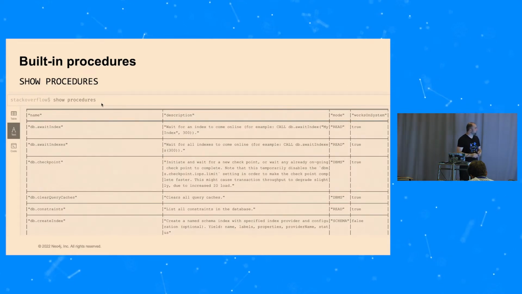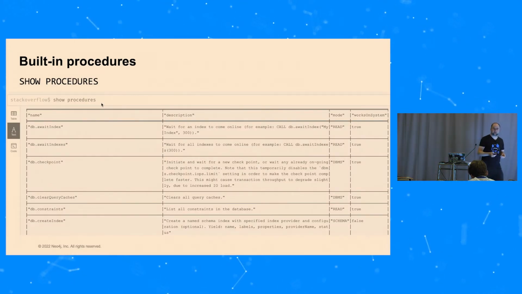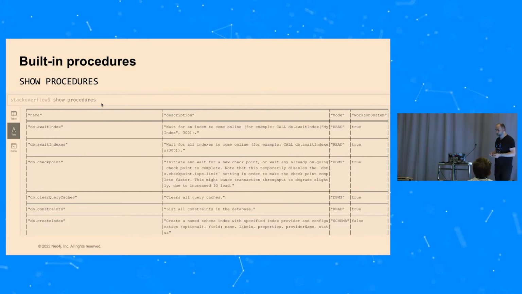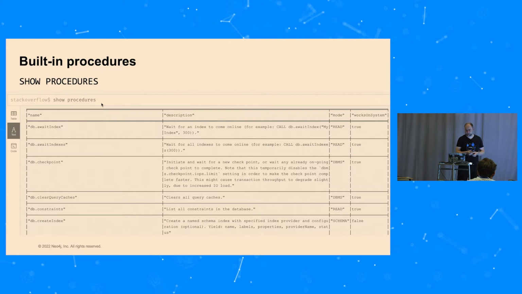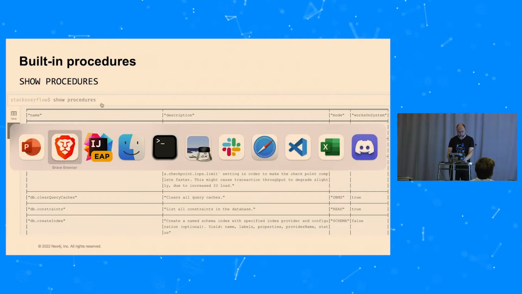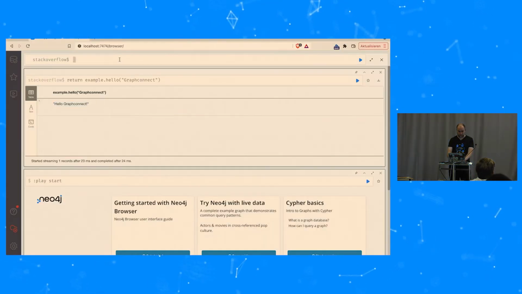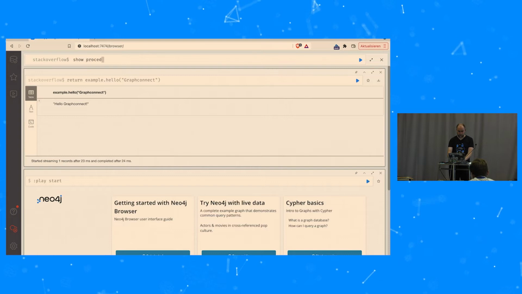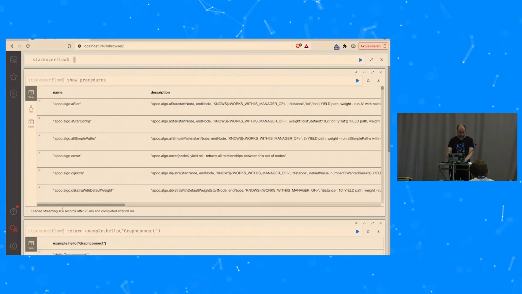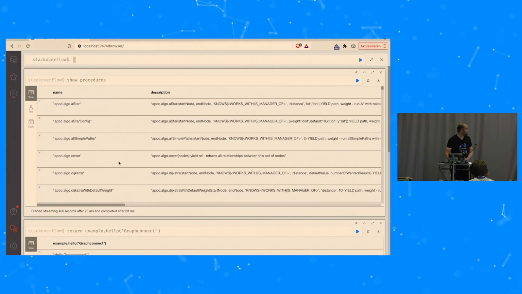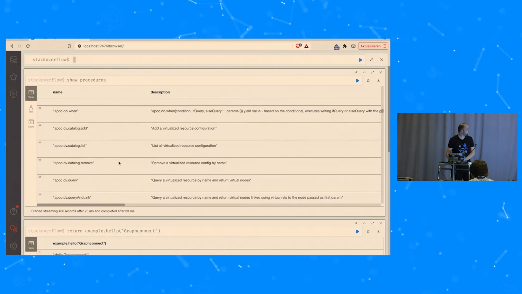So there's already a number of built-in procedures in Neo4j that are provided by the database. And there's a command called show procedures that shows you all the procedures that are currently installed in the database. If I run show procedures here, it returns 406 procedures in this gigantic list.